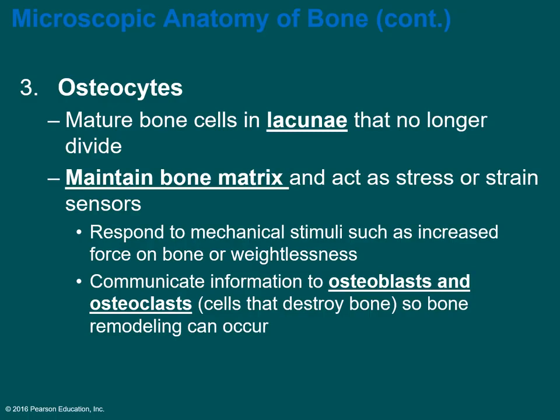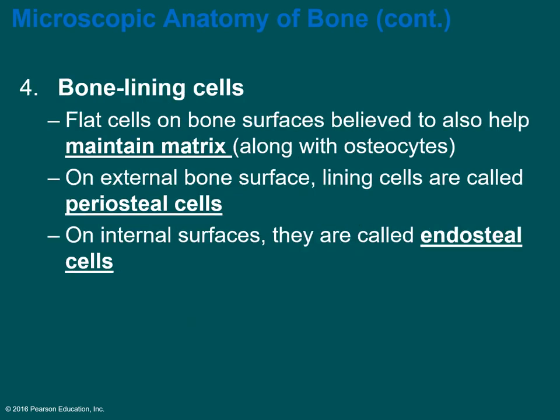Now, we just talked about the osteoblasts that are forming bone matrix. Osteoclasts are destroying the bone matrix. So they're the opposite of the blast. And then we also have the bone lining cells. These are cells that are on the surface of the bones. They help to maintain the matrix. On an external bone surface, these can also be called the periosteal cells.